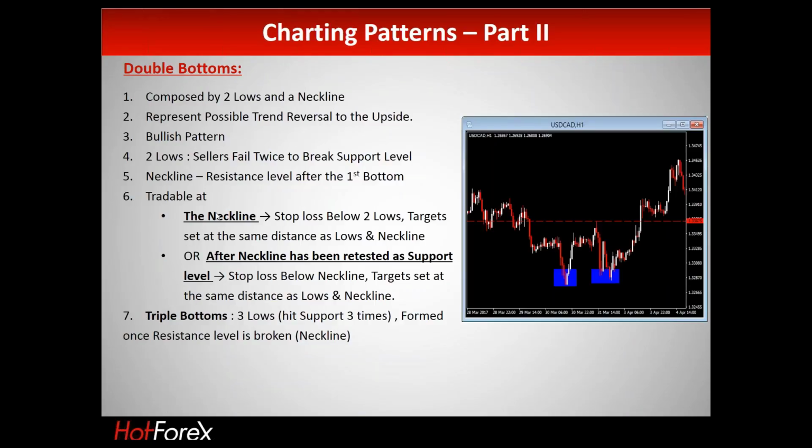So let's go again with that. As we said, the stop loss is below. In the first tradable way, your stop loss can be set below the two lows and the target set at the same distance as lows and neckline. While in the second tradable way, once the neckline has been retested as a support level, as I said before, your stop loss can be set below the neckline. So it will be a nearer stop loss, and targets again at the same distance as the lows.